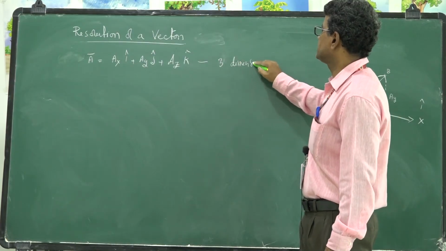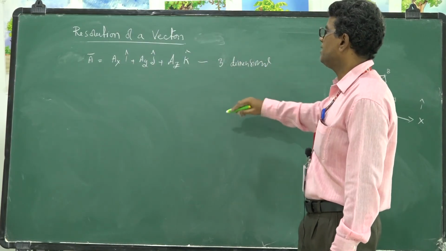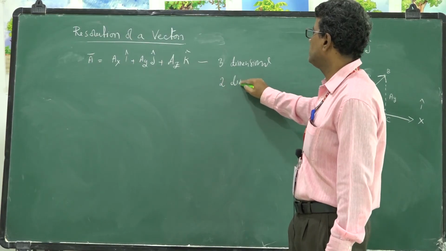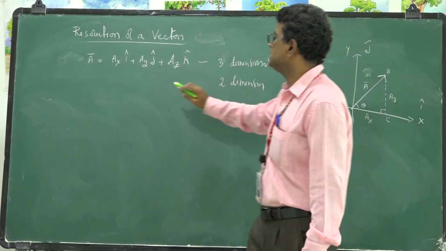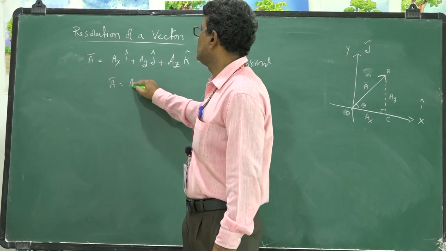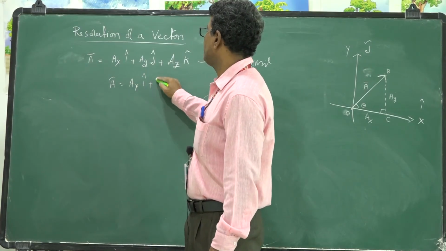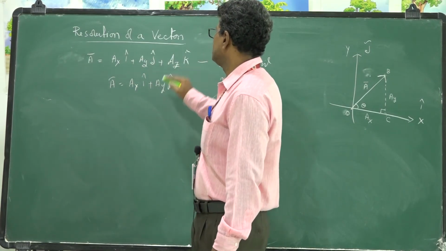If it is 2-dimensional, as we discussed, A bar is equal to Ax i cap plus Ay j cap.